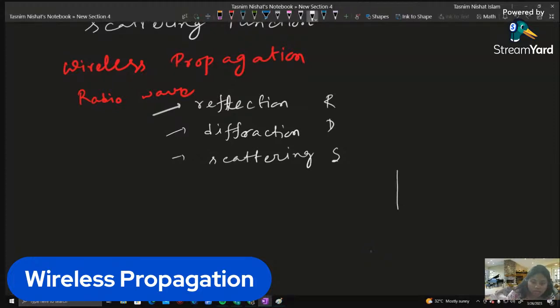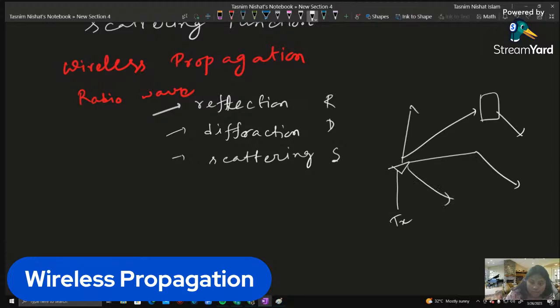Because we consider this situation, this is a transmitter, and this produces the signal. It is reflected, it may be diffracted, or it may get scattered, and we can create an infinite number of paths of LOS signal path, and it can create power attenuation, and it can create delay and different circumstances.